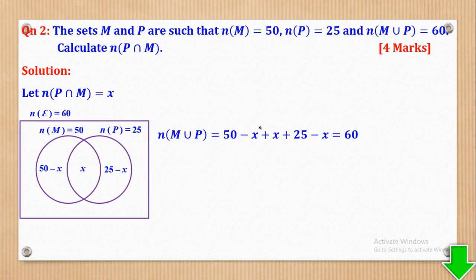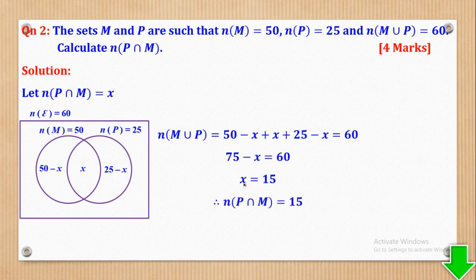You will realize that this x and this x cancel, then this and this give you 75 here, then this minus x is what is here, this 60 is what is there. So after that, we shall make x the subject. When I make x the subject, if I take x this side and put this one this side, I'll come up with 75 minus 60, which is 15. Therefore x is equal to 15.